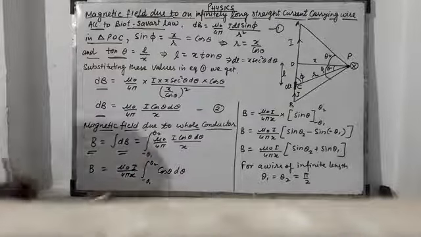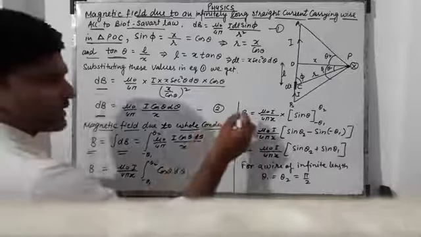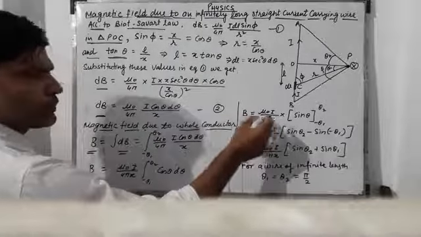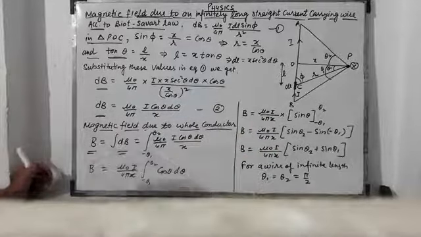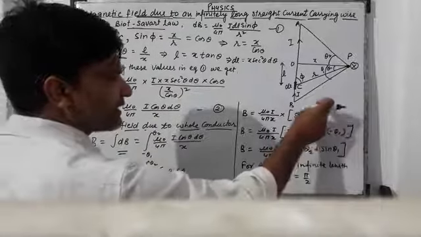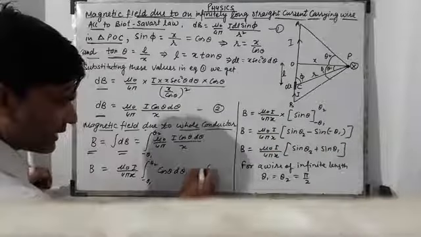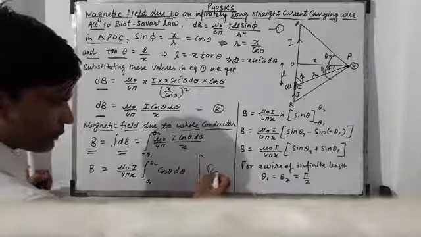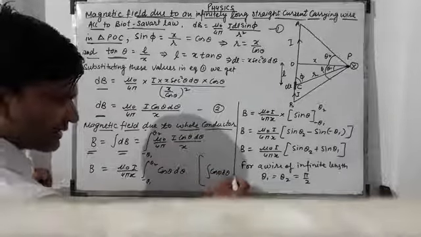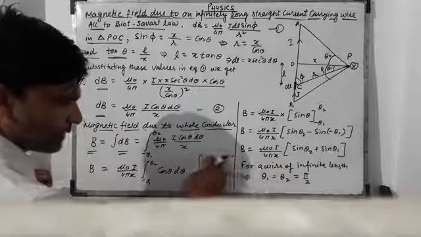After integrating cos theta d theta, we get B is equal to mu naught I upon 4 pi x into sin theta with limits minus theta 1 to theta 2, because the integration of cos theta d theta is equal to sin theta.